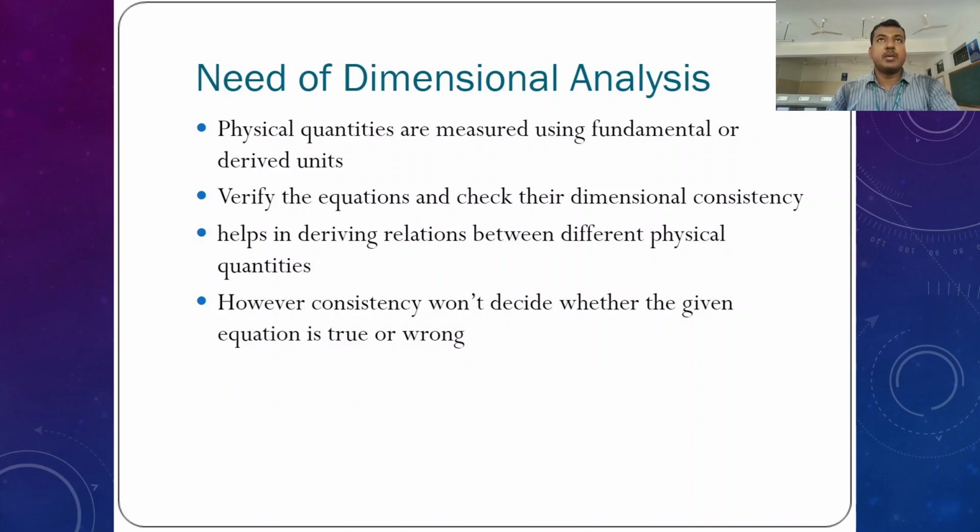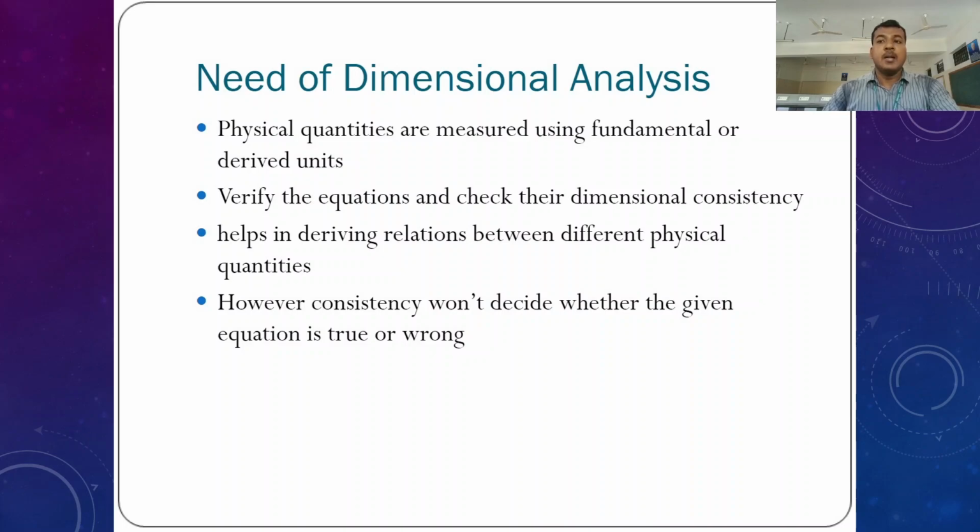So we have to prove that. Say, for example, if this is the square feet of a particular plot, we have to verify with respect to some equations also. The third one is that it helps in deriving relationships between different physical quantities. This is very important. When we compare two different physical quantities, we have to know some physical relationship.